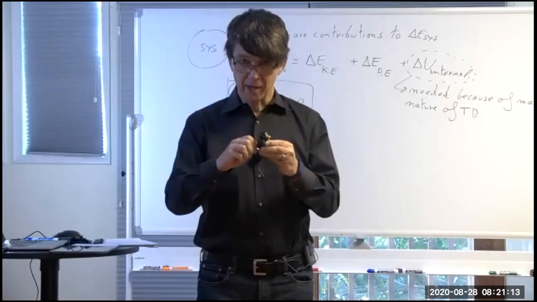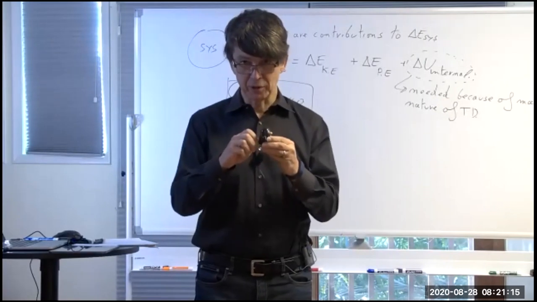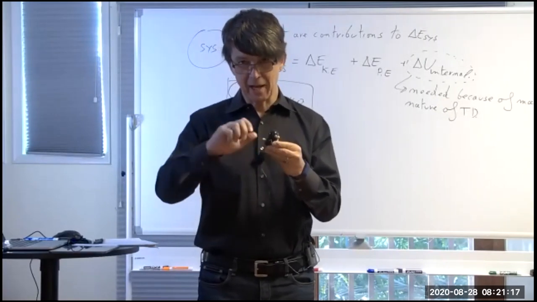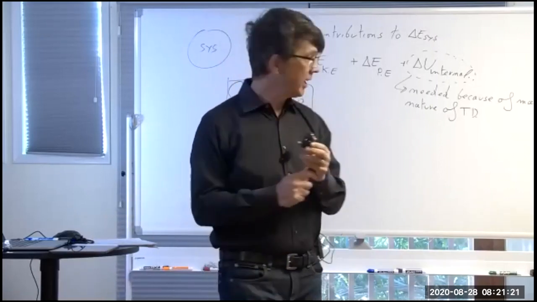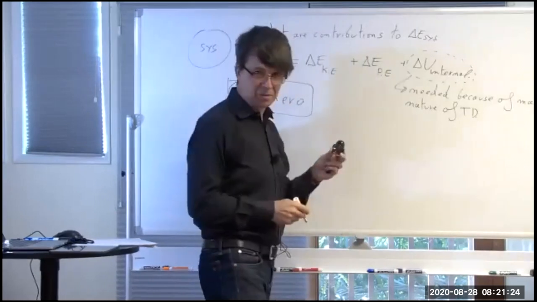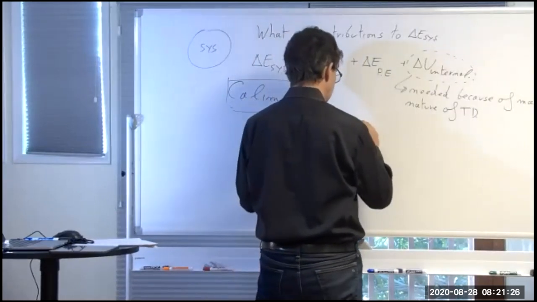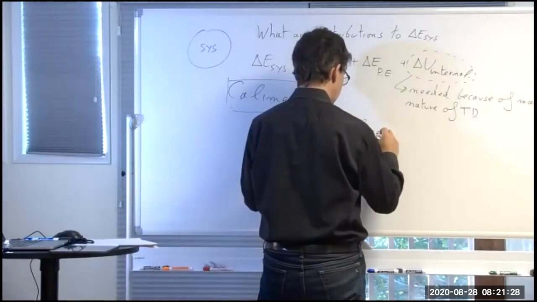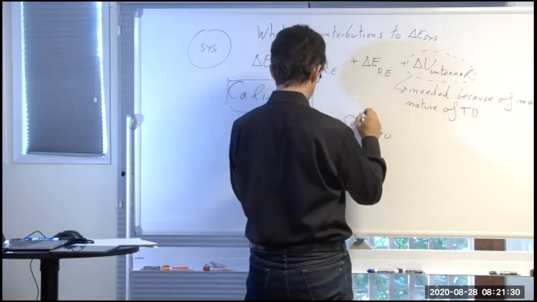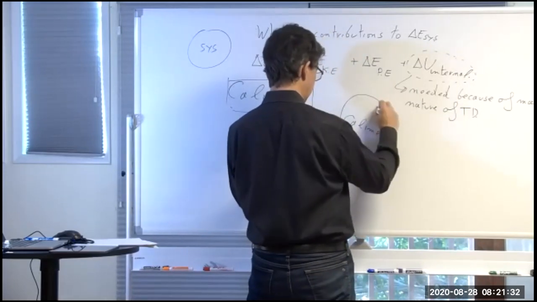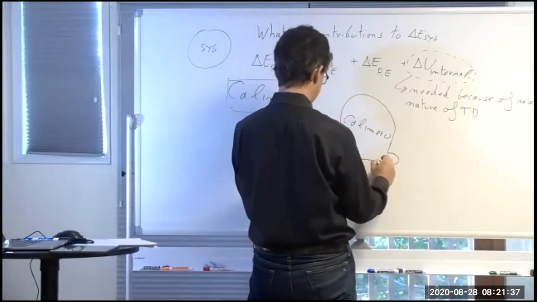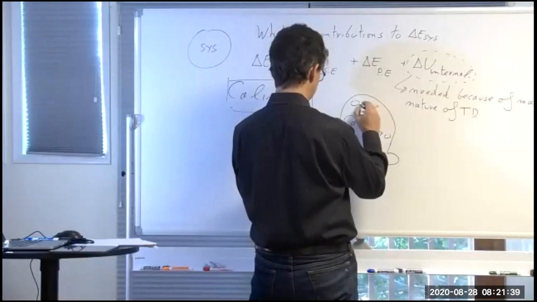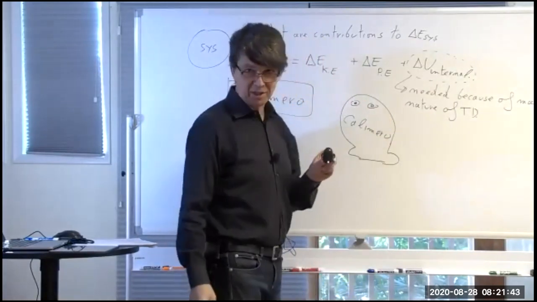So I'm applying an energy transfer to Calimero, because I'm doing rotation times torque. I'm clearly putting in energy. So let's write the energy balance of Calimero. Here's Calimero. I should make him look cute. He's a little fat, but wobbly feet. I'm not very good at drawing. Okay, here's Calimero.